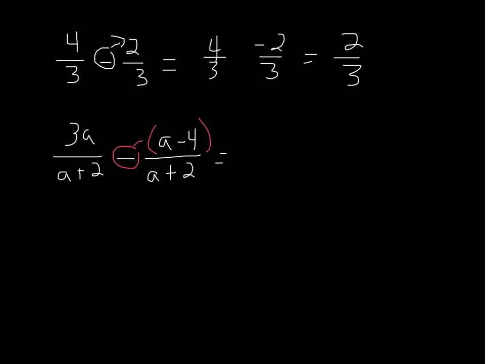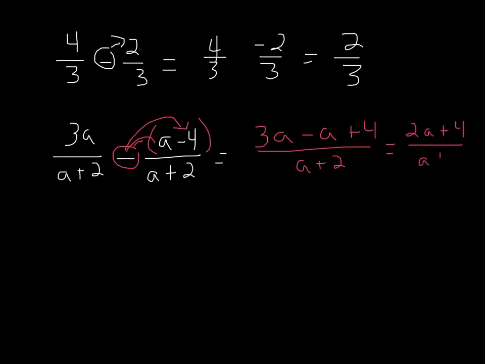So when you rewrite this, you're going to rewrite it as 3a minus a plus 4, because minus the a is negative a, and then minus negative 4 becomes positive 4, and then over a plus 2. Then you combine like terms: 3a minus a gives you 2a plus 4, all over a plus 2. And are we done?